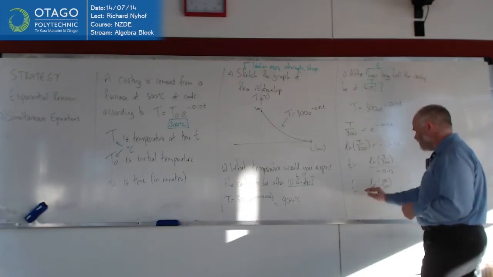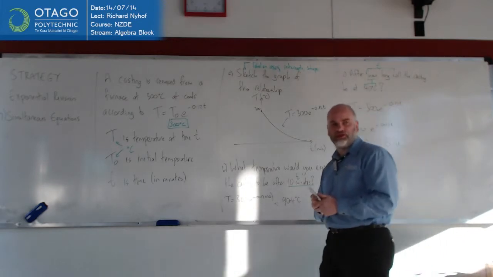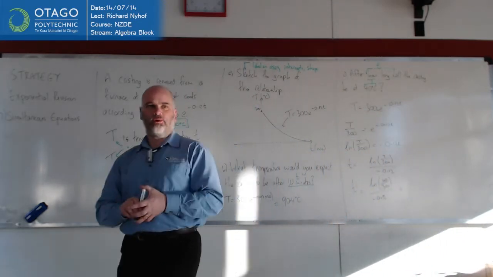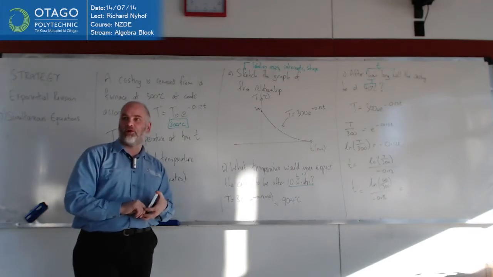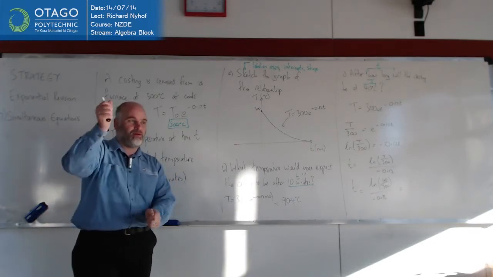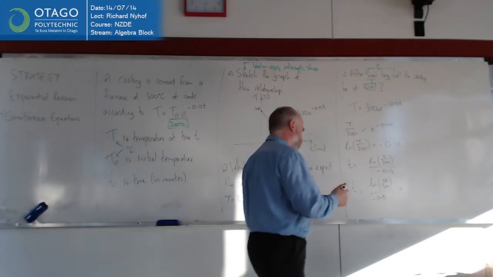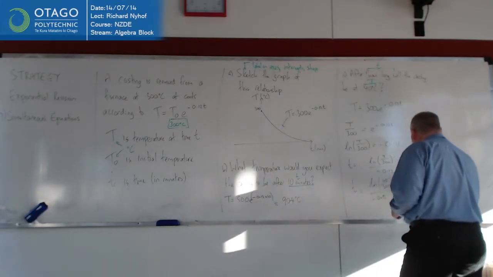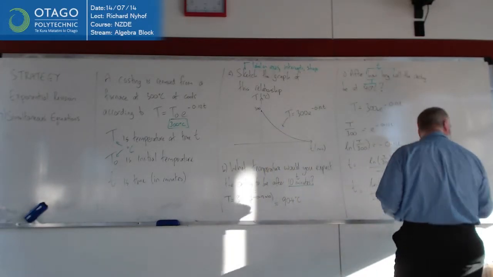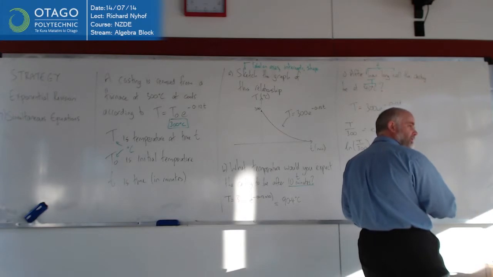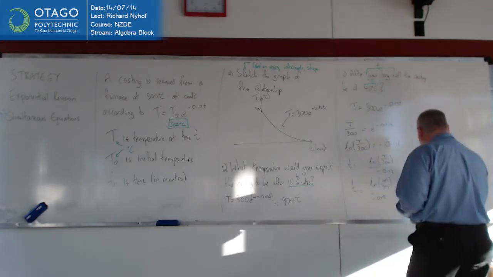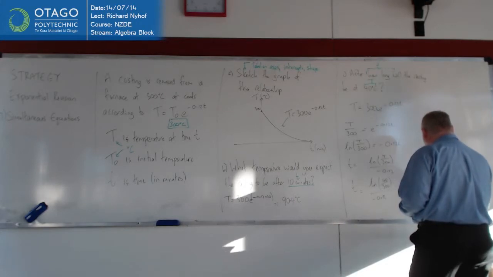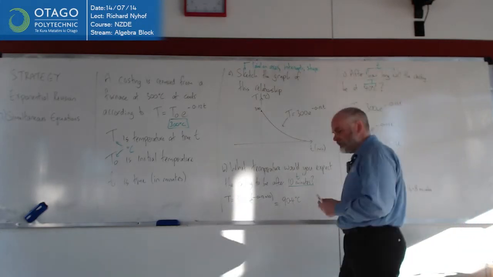And now that you've got something that's only got numbers and symbols that are on your calculator, you should be able to reach for the calculator and start hammering buttons and come up with, drum roll, 16.8. Units for that, Kieran? 16.8 minutes.